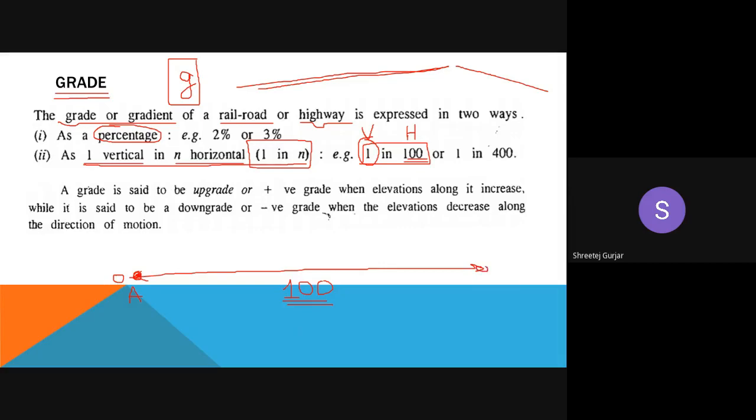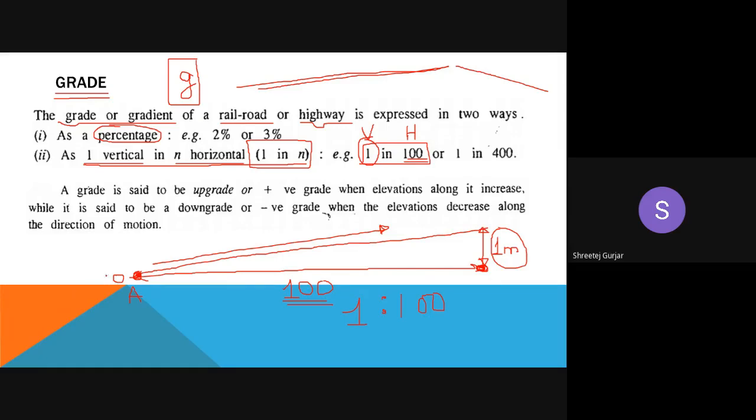So at this particular point, after you travel 100 meters, the vertical distance is 1 meter. This is the slope achieved by 1 in 100, the diagram which I have drawn here. For every 100 meters you travel on this road, the elevation will increase by 1 meter.